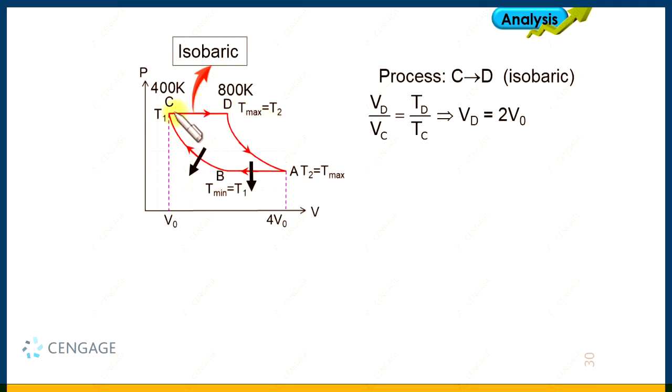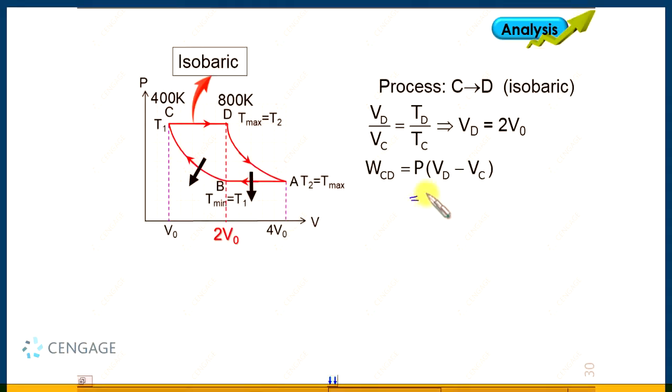Now, we can calculate the work done in this process by using the simple formula W_CD equals P times the final volume minus the initial volume. We know the final volume and the initial volume. This is equal to P multiplied by 2 V naught minus V naught.